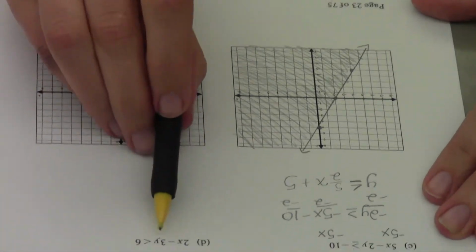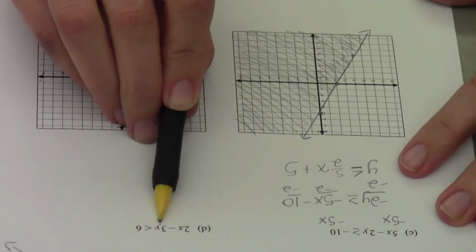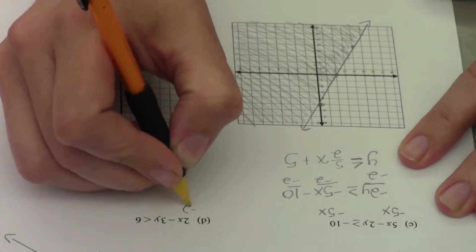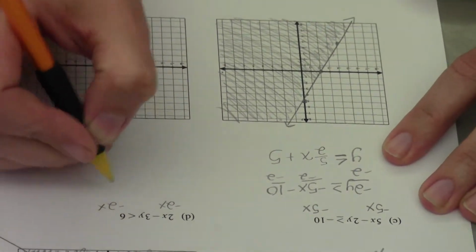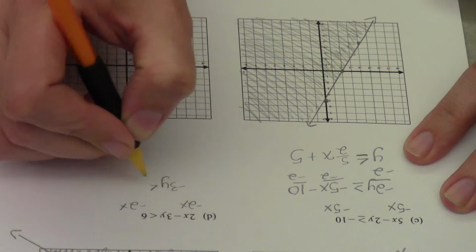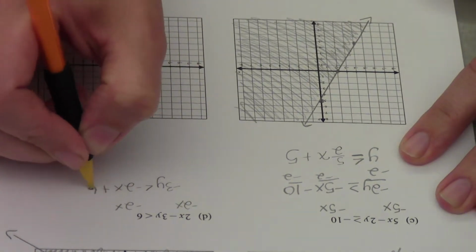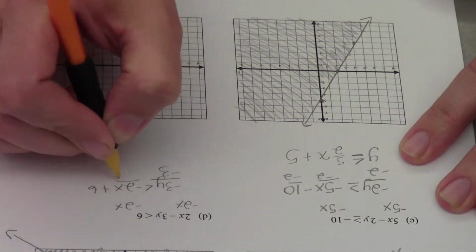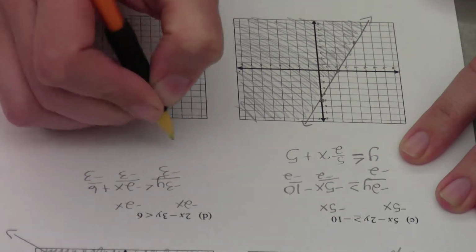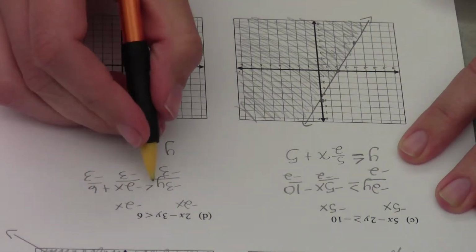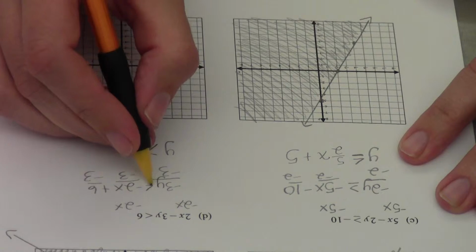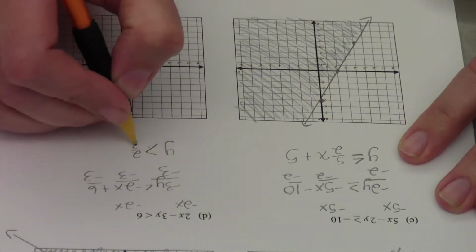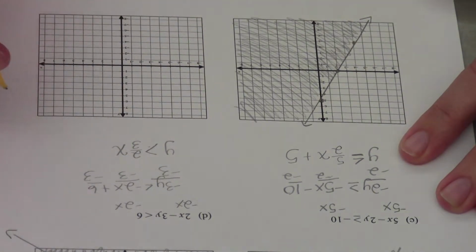And example D, again, we can't graph it yet until we get y alone. So to get y alone, let's subtract 2x from both sides. And divide by negative 3, still working to get y alone. And recognize we divided by a negative, so I'm going to flip that sign. That less than is going to turn into a greater than sign. So I've got y greater than 2/3 x minus 2.